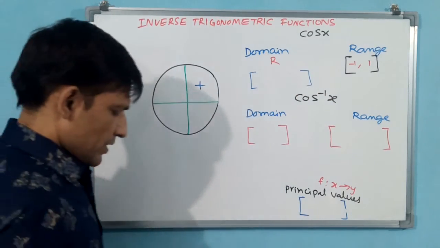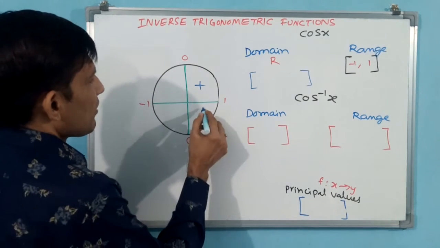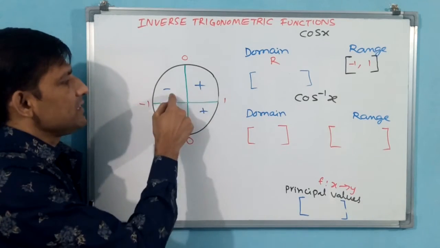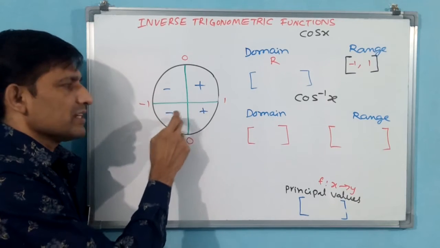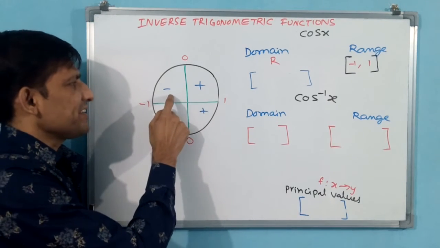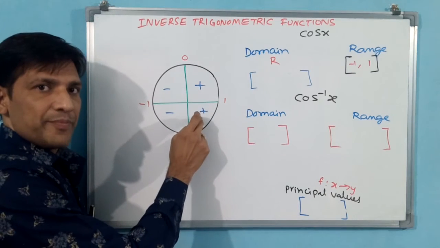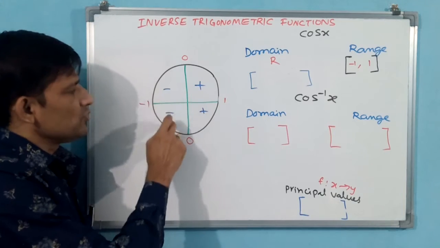You see here. Okay. For cos, these two quadrants are positive, these two are negative. All silver tea cups, all sin, tan, cos. All students take coffee. A, S, T, C. Okay. C means here cos is positive, all positive, and these two are negative. Why?